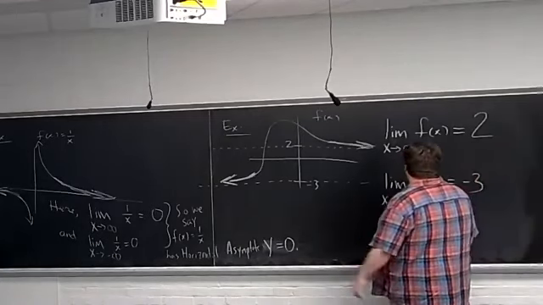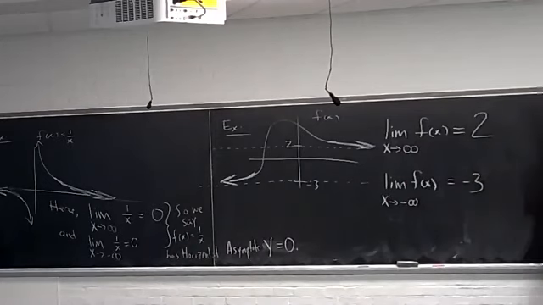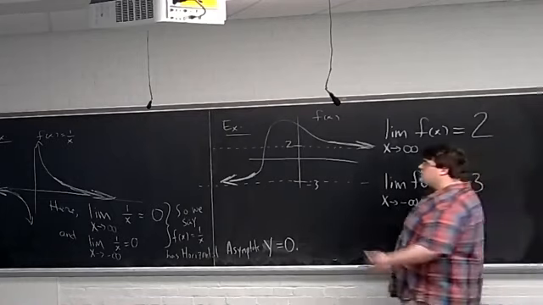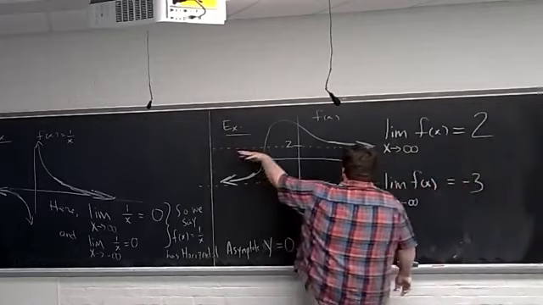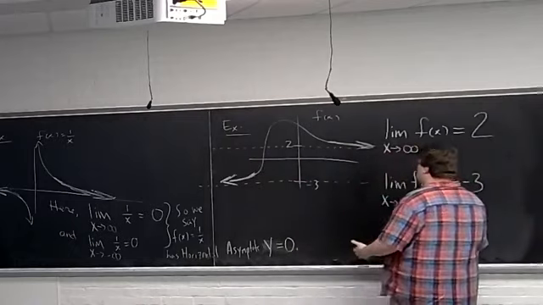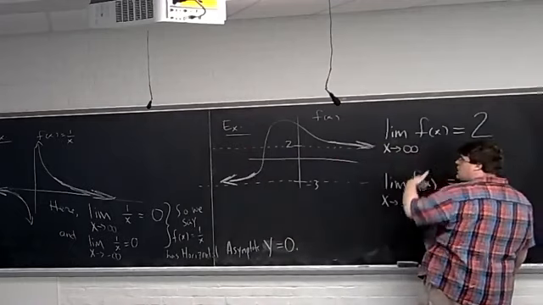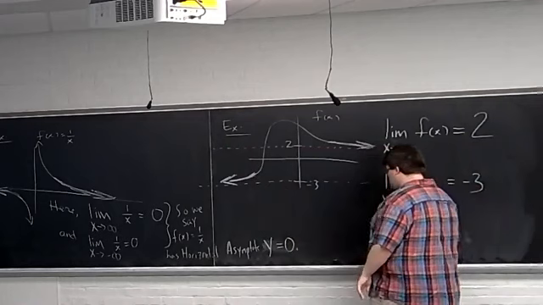Any questions about these 2 limits? That first example, 1 over x, had only the one horizontal asymptote, but this example has two horizontal asymptotes. It has one in the positive direction and one in the negative direction.